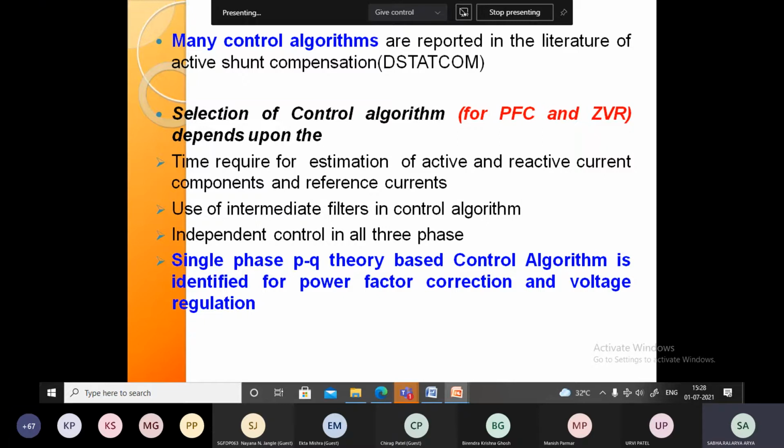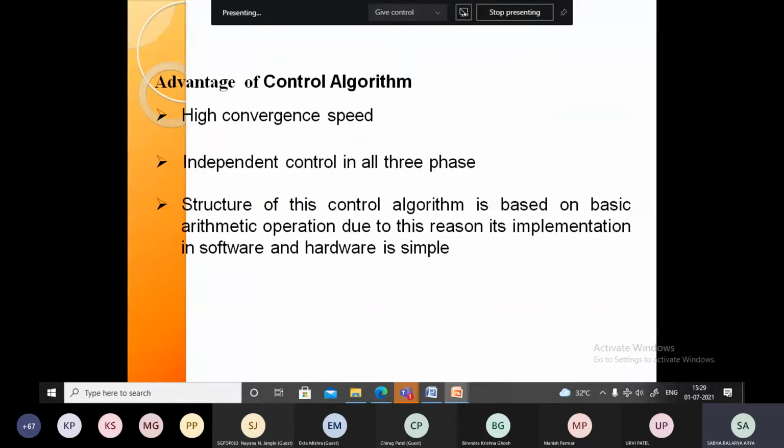Second, use of intermediate filters in the control circuit, how many intermediate filters we have used. Independent control in all three phases, means how we can control the whole thing independently. Second, single phase PQ theory based control we have taken. Single phase PQ theory based control is identified for power factor correction as well as voltage regulation mode.